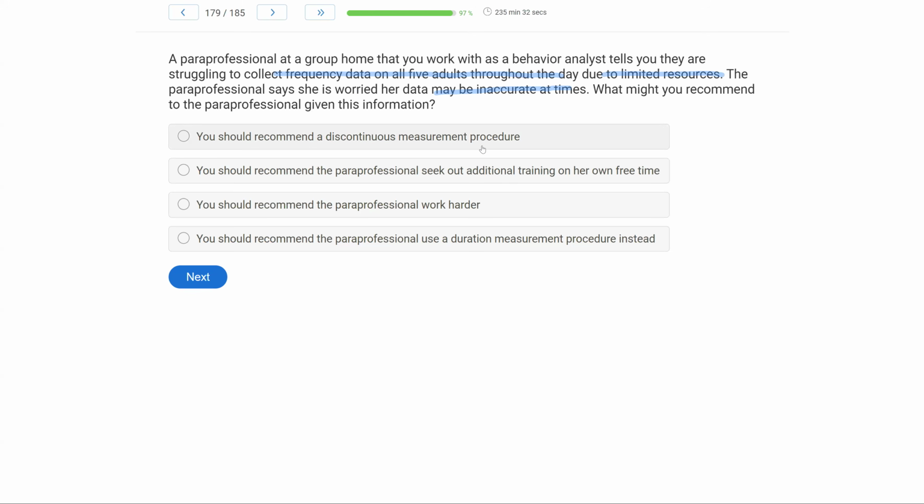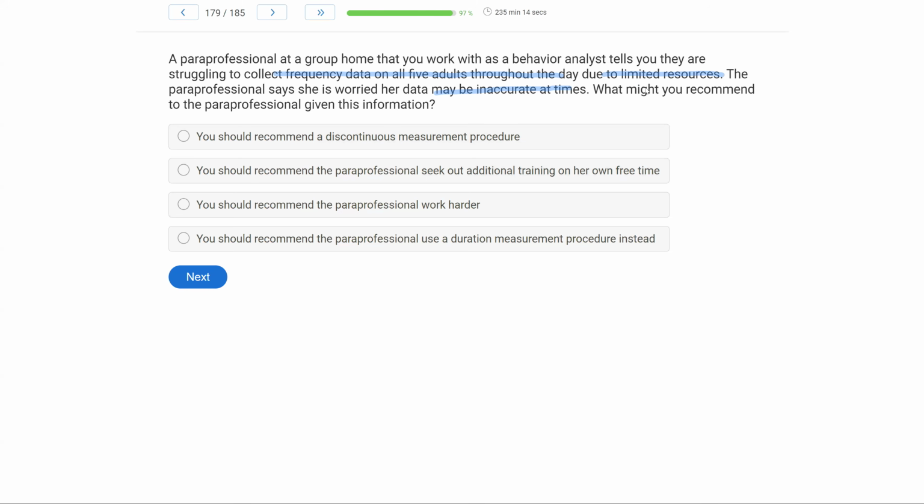A, you should recommend a discontinuous measurement procedure. Frequency may just not be realistic given this paraprofessional has to watch all 5 adults and just won't be able to continuously measure everything.